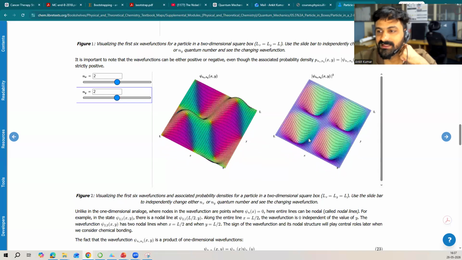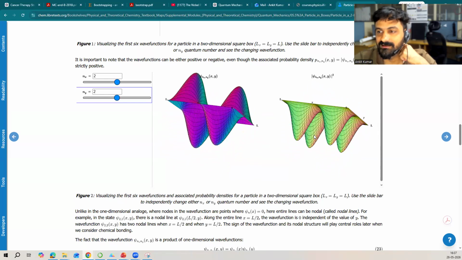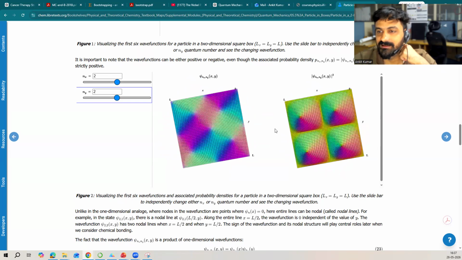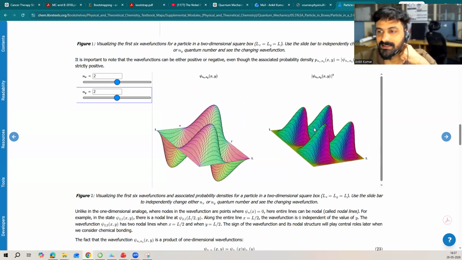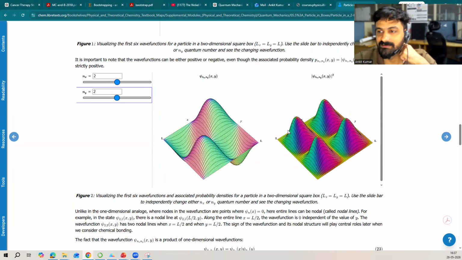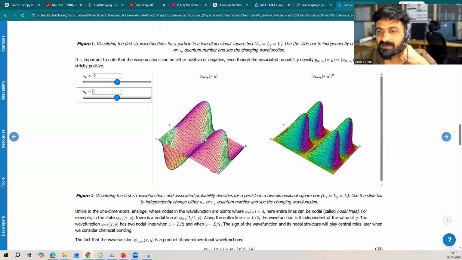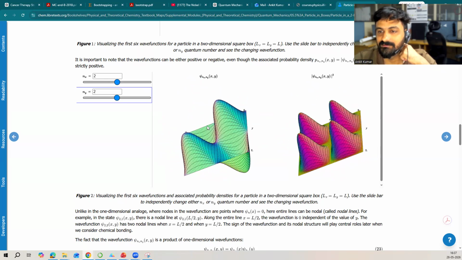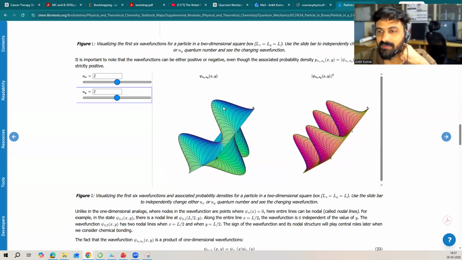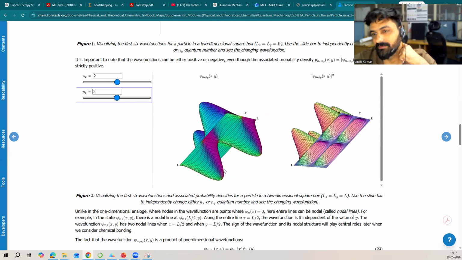Is that clear? So what is happening is you can see that four peaks are there, where the probability density, or probability of finding the particle, is maximum. Here you can see the probability density at this point, this point, and this point will be maximum, and there is a valley where the probability density of finding the particle is 0. And again, for the wave function, here it is maximum along y, and here it is going to minima along y.